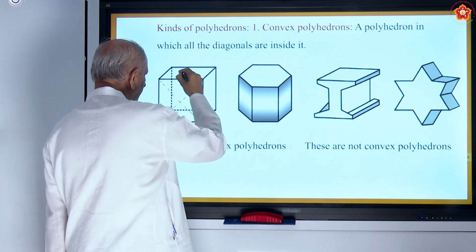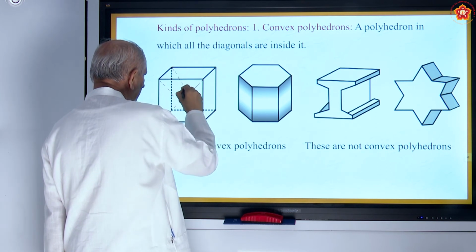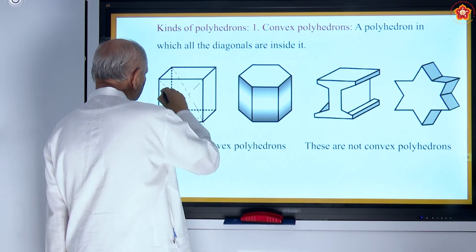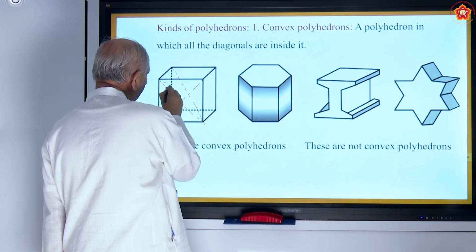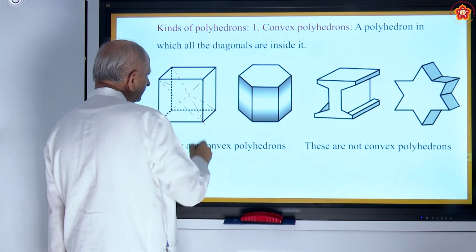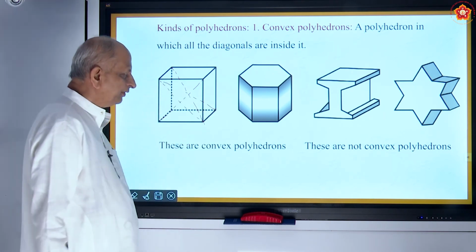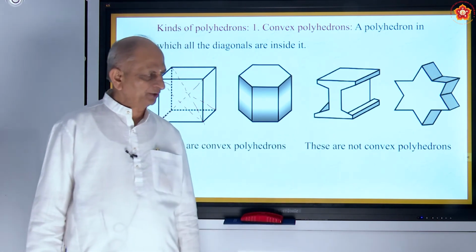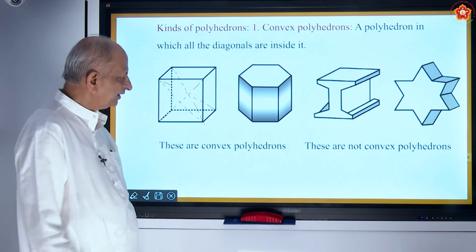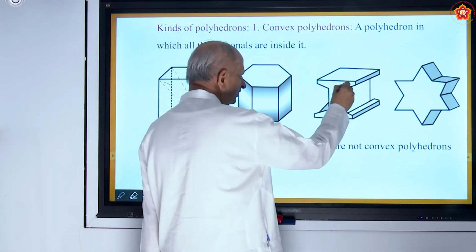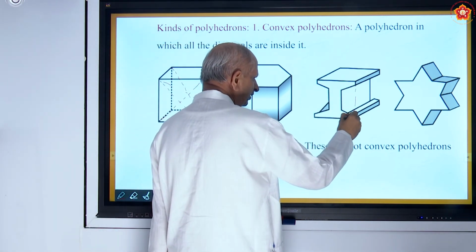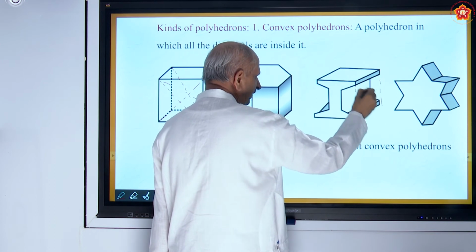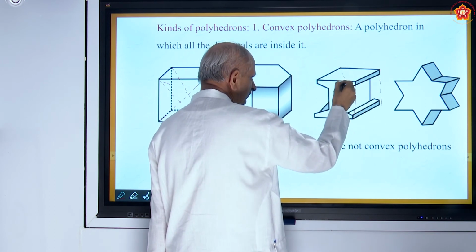Okay. So they will be inside. Whereas a non-convex, or also called concave polyhedron, here some of the diagonals will be outside, not all.